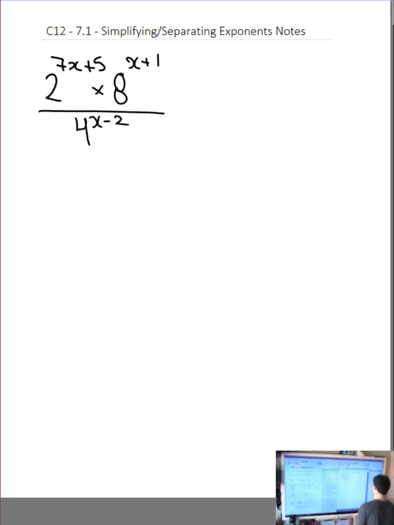So the first thing I want to think is 2, 8, and 4 all have the same base. What is it? It's 2. So 2 doesn't change.